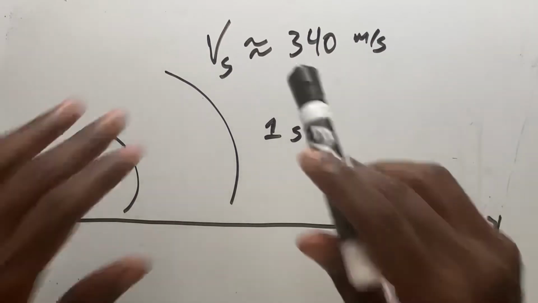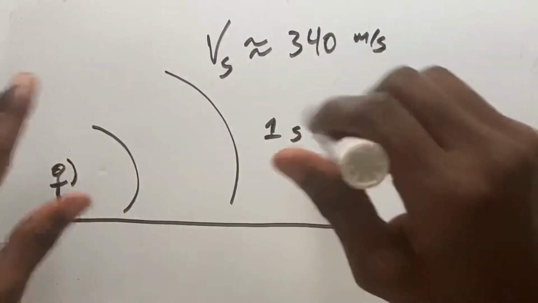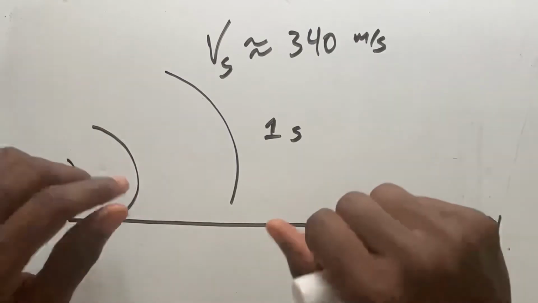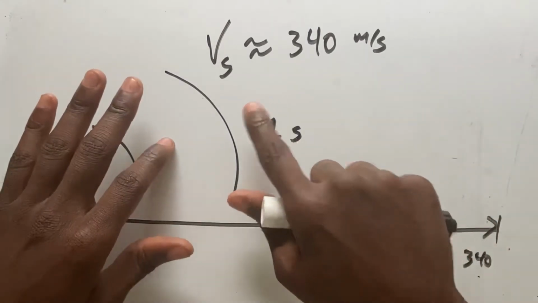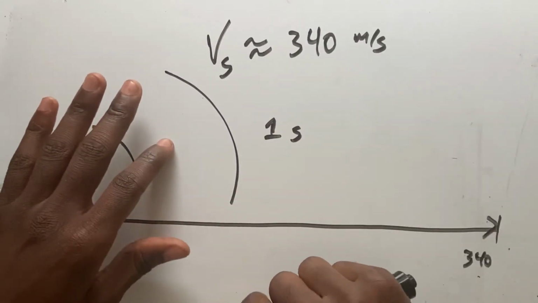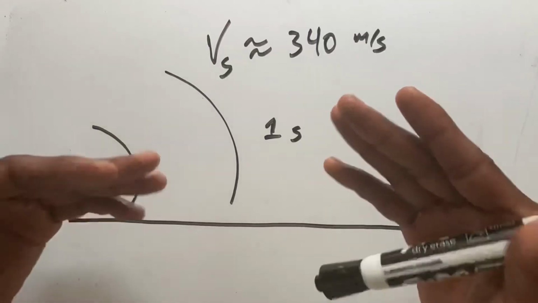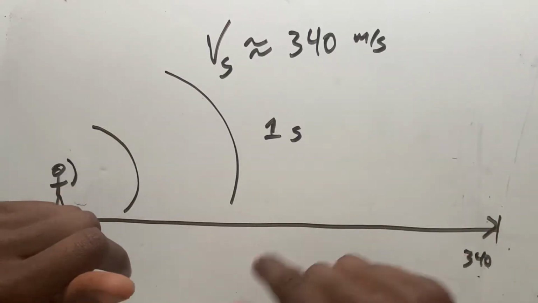So since now we're talking about the speed of sound, and this is basically air. Air would be the medium that sound is traveling through. And we know sound can travel through other mediums as well, right?